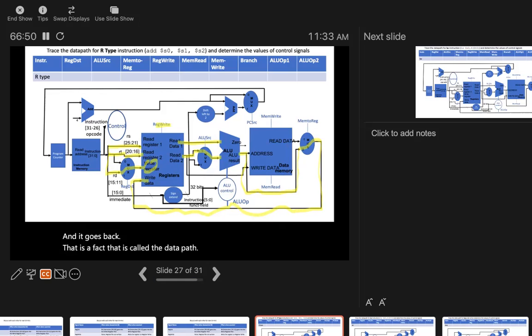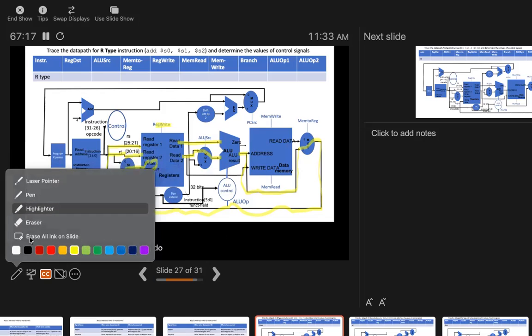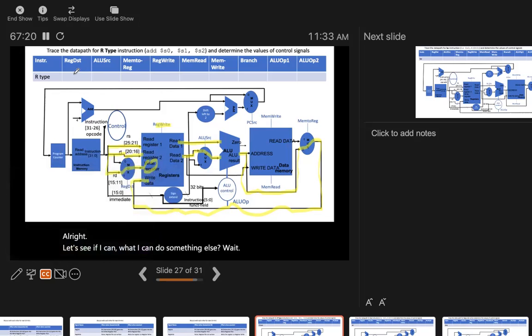Now let's determine. Carefully observe this. RD has to pass through. What should be the value of reg dest? 1. Very good. So for this instruction, I can just write a 1.